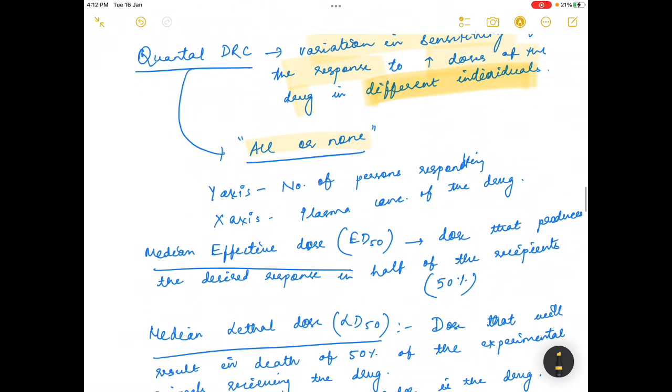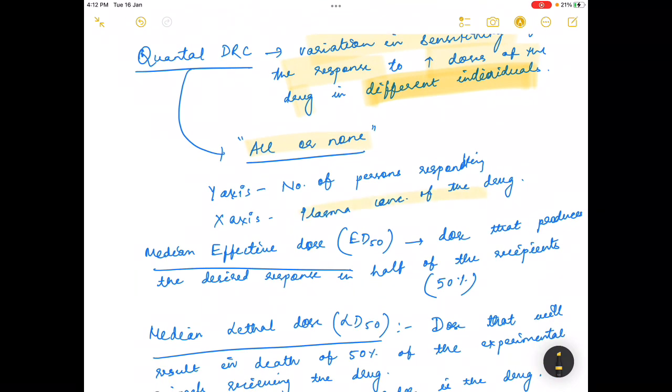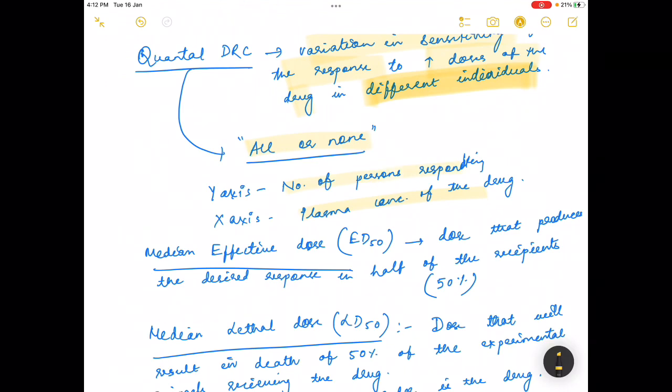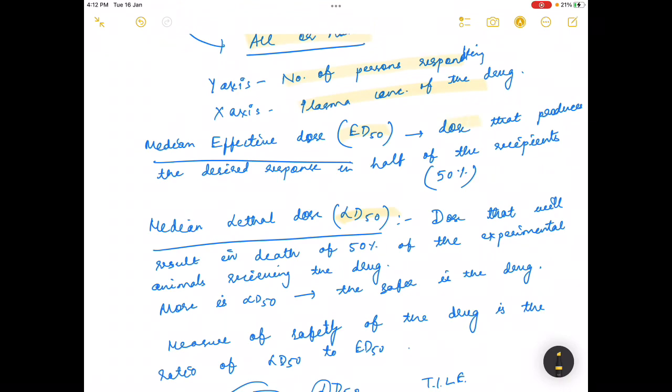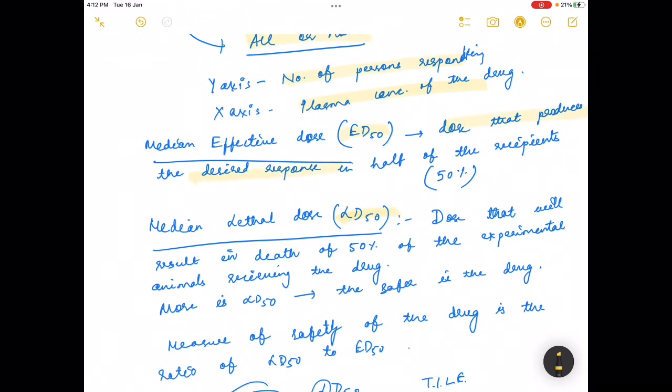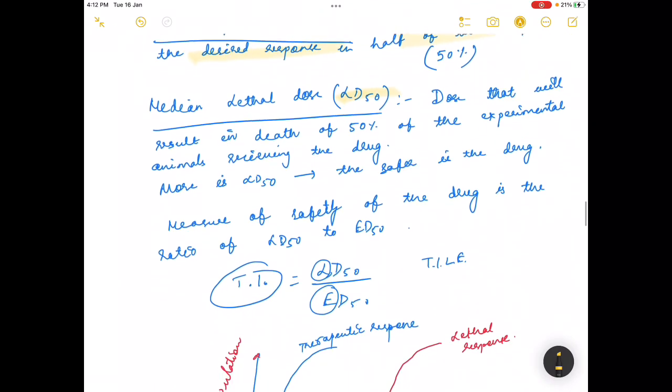Okay, so the x-axis shows the plasma concentration, and the y-axis shows the number of persons responding. Now here two things can be seen, ED50 and LD50. What is this ED50? That is the median effective dose 50. It is the dose that produces the desired response in half of the recipients.